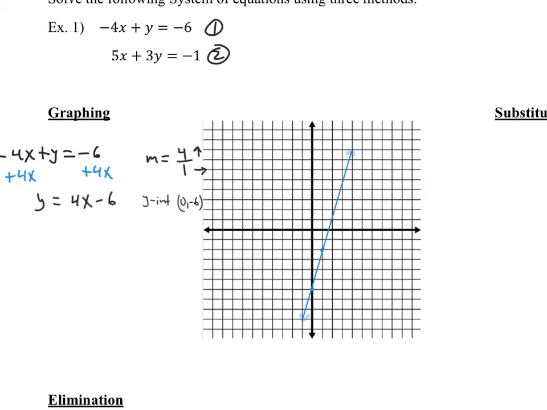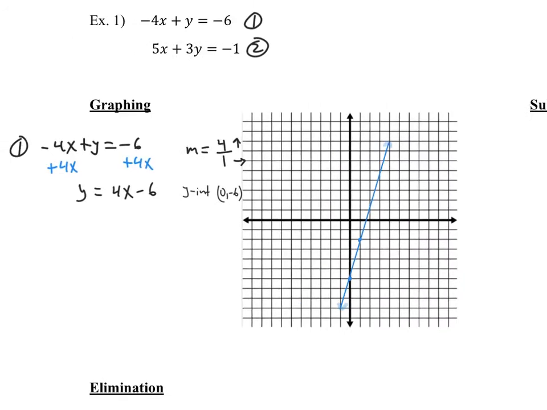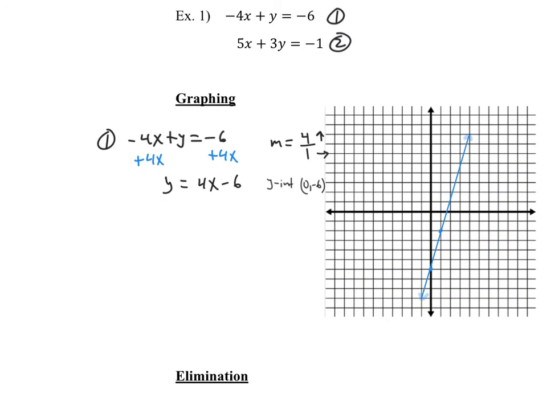All right, with that said, I'm now going to graph the other equation. For the other equation, it's going to be easier to graph using a table of values. By that I mean an x-y table. Okay, and you have to be smart about what values you choose for x. That way, you don't end up with any fractions as a y value.